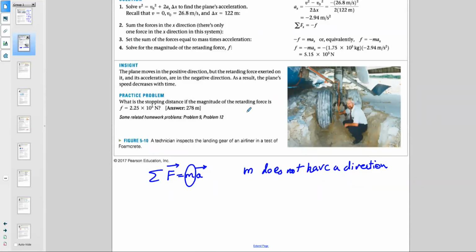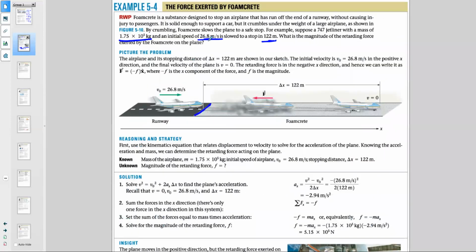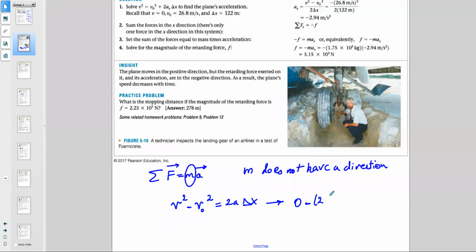So let's take a look. First of all, let's care about a. We don't have any information about the time, so we're going to use the time-independent equation: v squared minus v initial squared is 2a delta x. v final is 0 because it will eventually stop. v initial has been given to us: 26.8 meters per second. So 0 minus 26.8 squared equals 2a, and delta x is 122 meters.